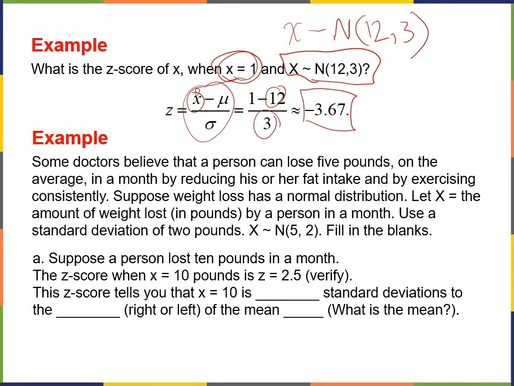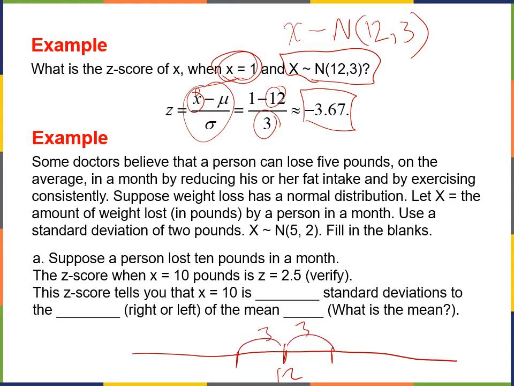So what this is telling me is that 1 is 3.67 standard deviations away from the mean on the lower end. So the mean was 12, the standard deviation was 3 units, okay?